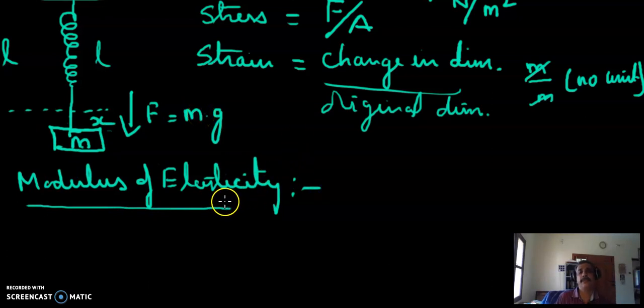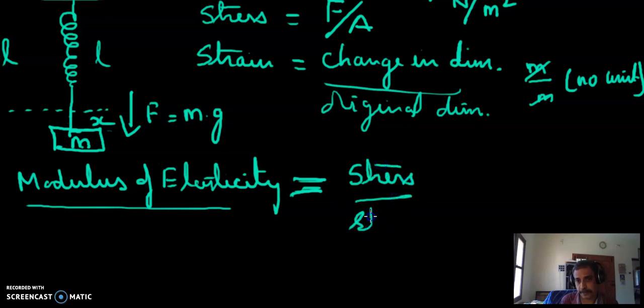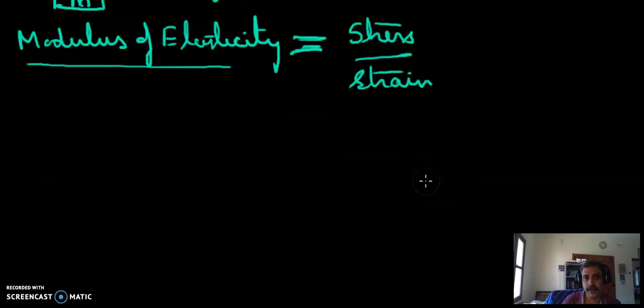Therefore, when the deforming forces are removed and the object returns to its original position, the body is called an elastic body. So modulus of elasticity is defined as the ratio between stress and strain. Stress divided by strain, we call it modulus of elasticity.